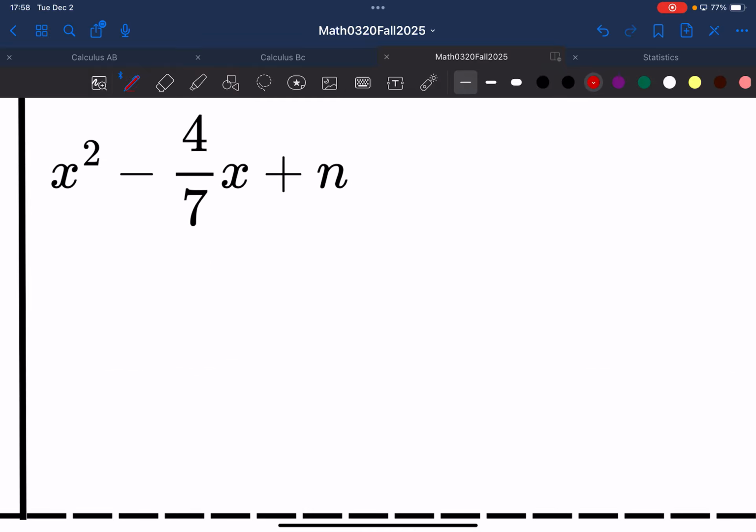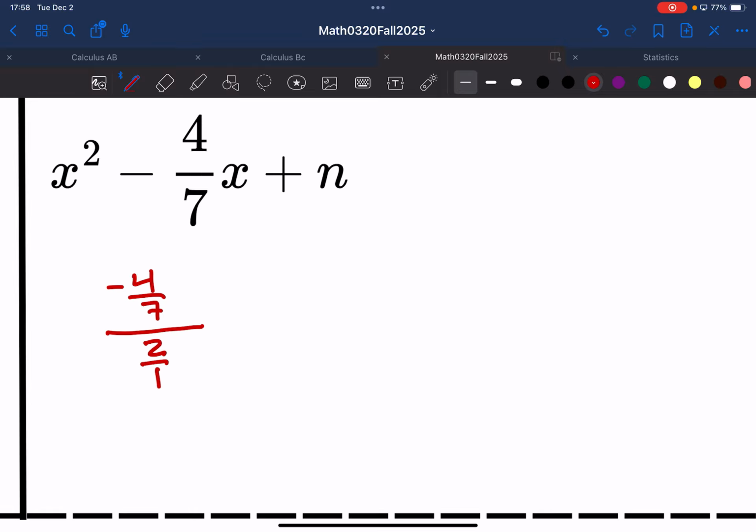Okay, what is our b value here? Negative 4 over 7. Which we are then dividing by 2. Well, dividing by 2 is the same as dividing by 2 over 1, right? And how would we rewrite this if we think back to division of fractions?